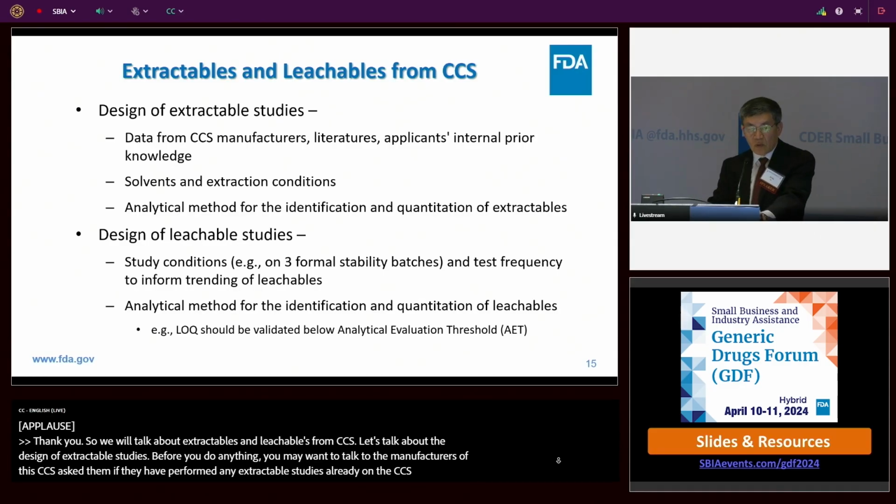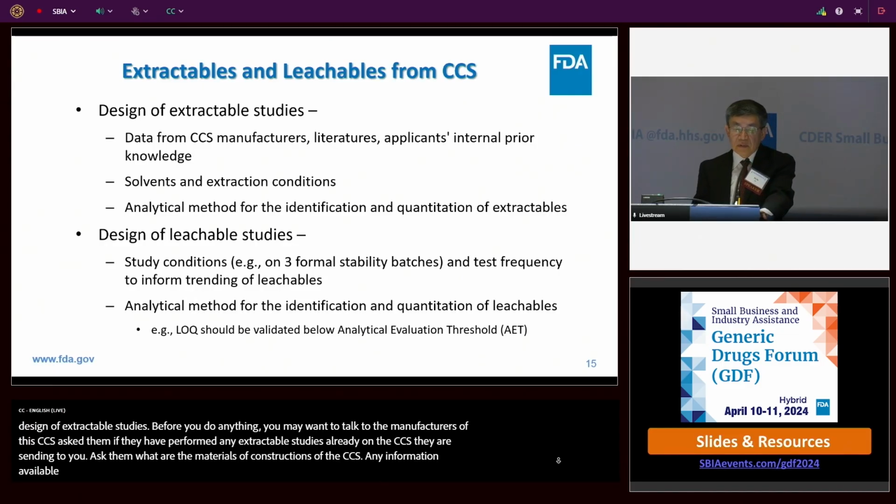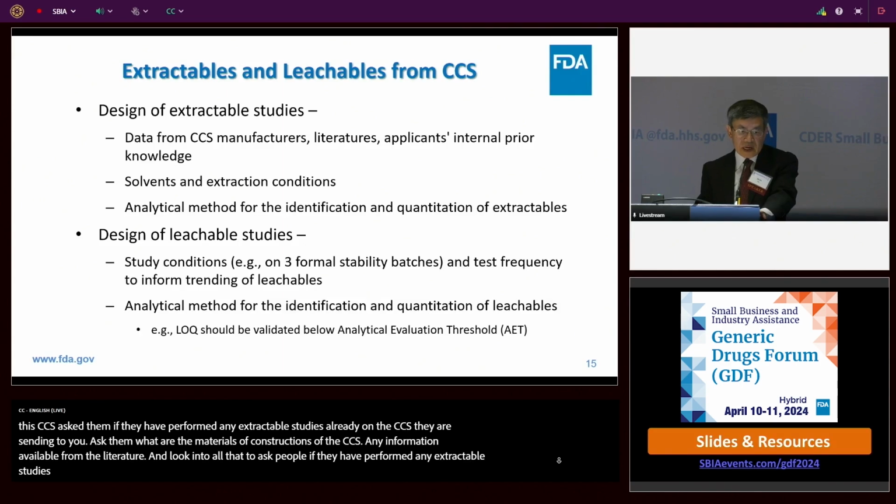And ask them what are the materials of construction of the CCS, any information available from the literature, and look into your own lab to ask your own people if they have performed any extractable study on the same CCS or CCS that has similar components.